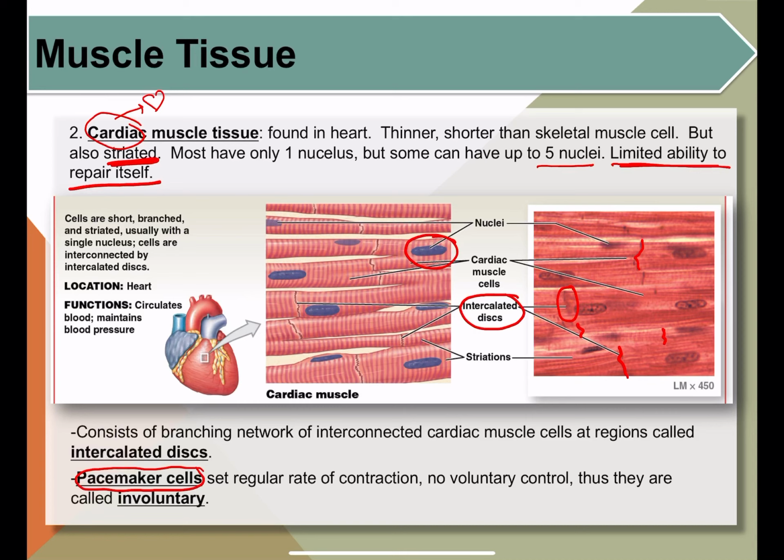So in cases like that, your brain would have extra signal coming through to increase your heartbeat or decrease your heartbeat. But normally speaking, your rhythm is set by your pacemaker cells. And this is involuntary control. No voluntary control over cardiac muscle tissue, and it's for our own good in a sense.